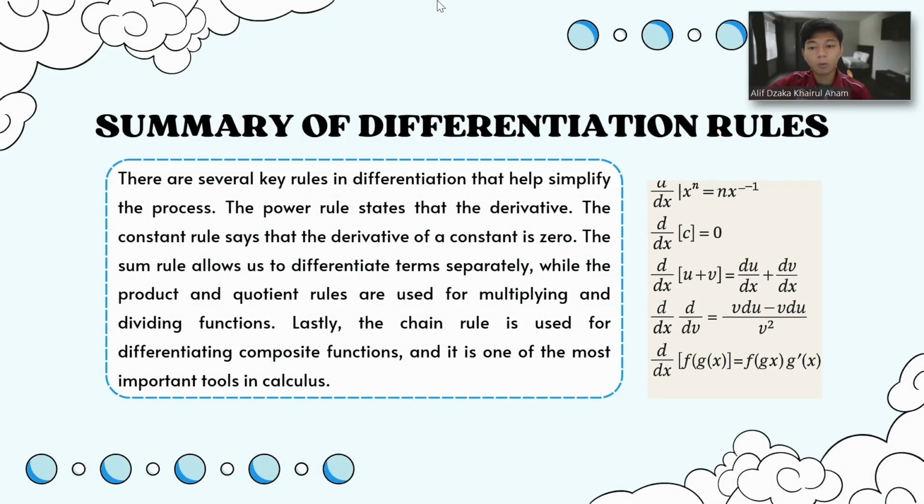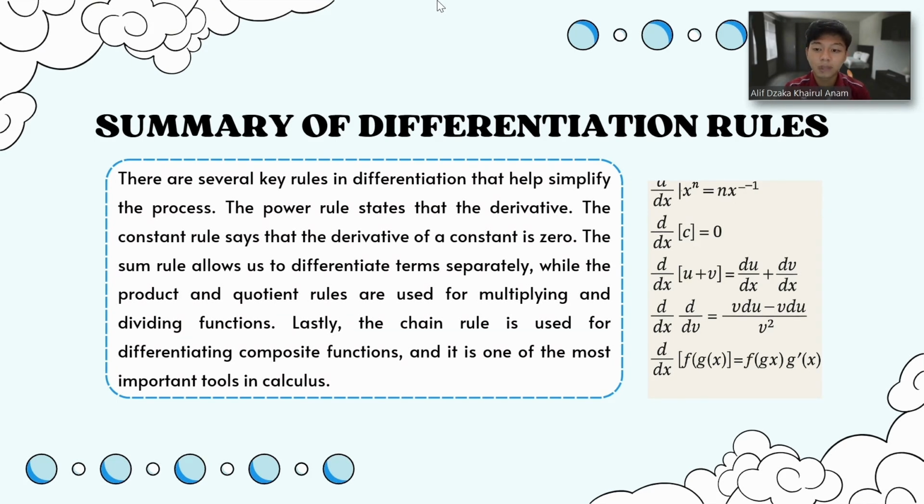Next slide, we have a summary of differentiation rules. There are several key rules in differentiation that help simplify the process. The power rule states that the constant rule says the derivative of a constant is zero.